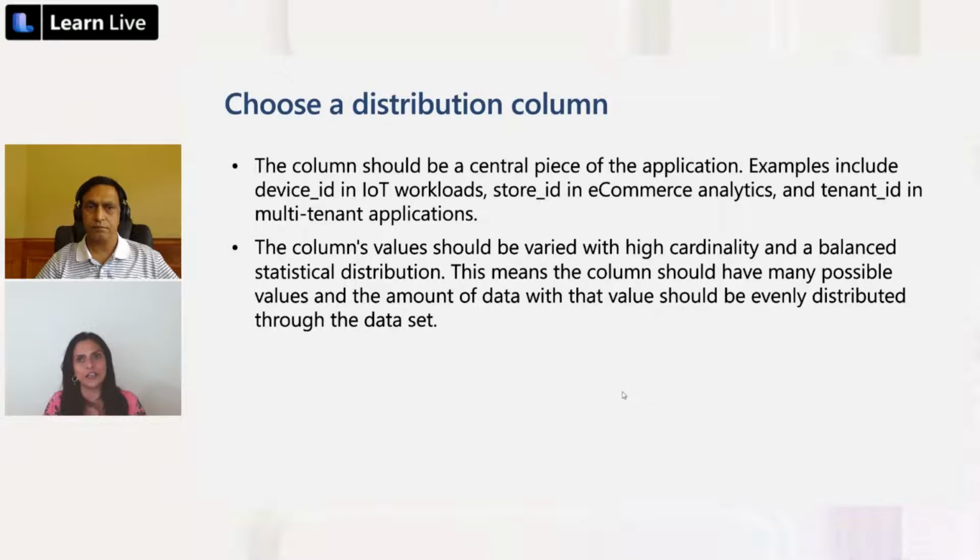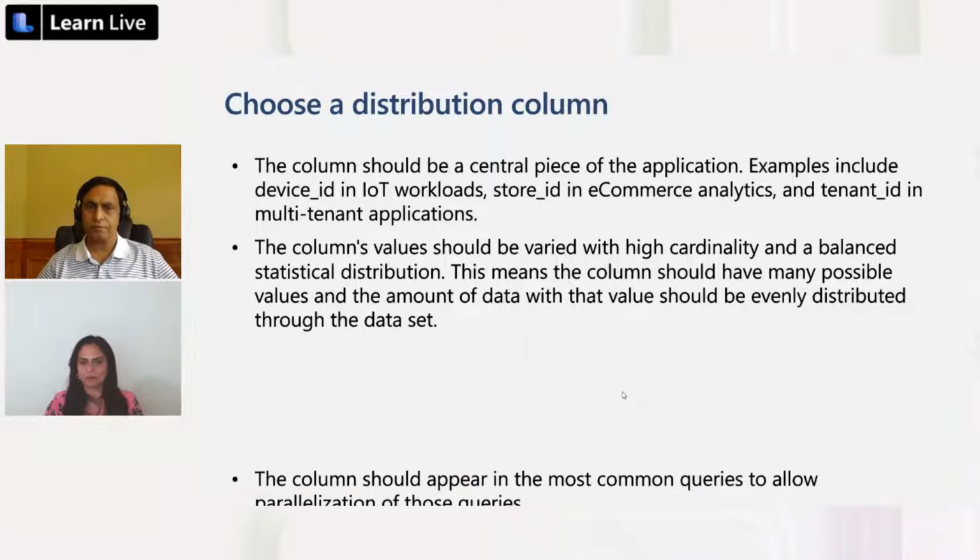So there are a lot of events, but if every device sends out an event every minute, then within 60 minutes every device ID will have 60 events. So it's not only the amount of data, the cardinality, but also the distribution of data across your column.